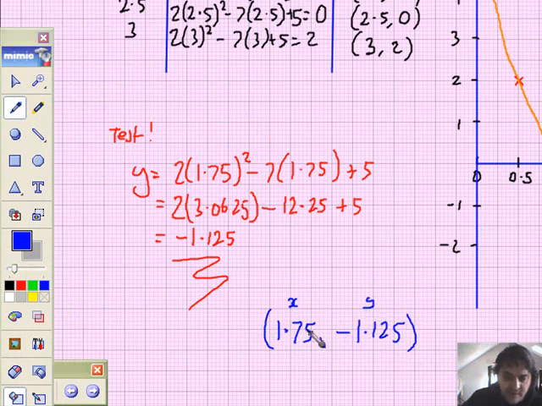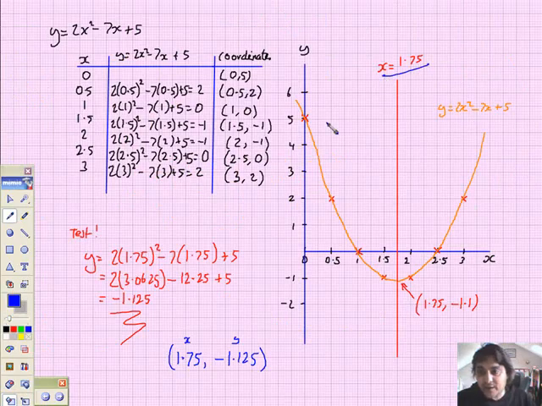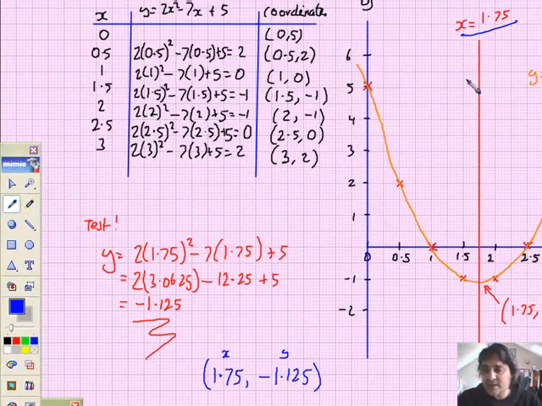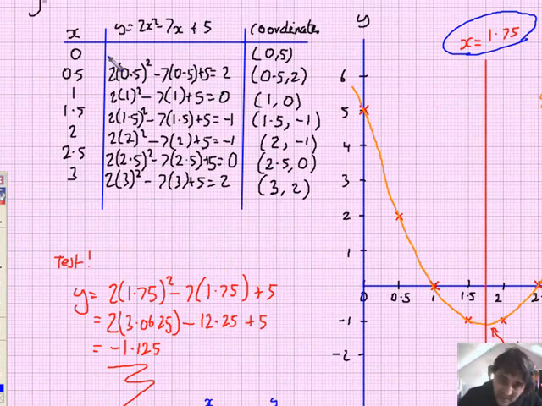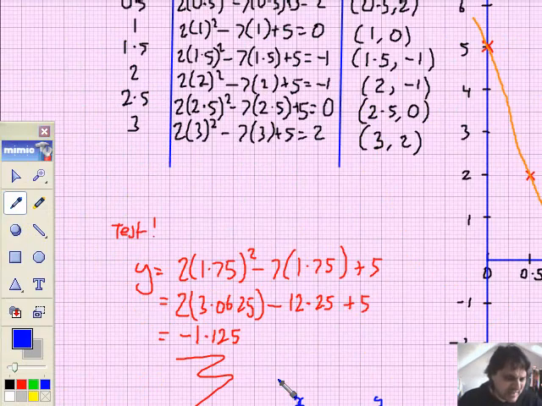So it's a very ugly looking coordinate, but it's completely correct, and you had to read off the equation of the line of symmetry and then suss out and realize that in fact the x coordinate for the minimum point is 1.75. Substitute it back in and calculate it. Didn't say calculate though, they should have done that. I just read it off the graph, and I'm happy with that. I'm going to stop.